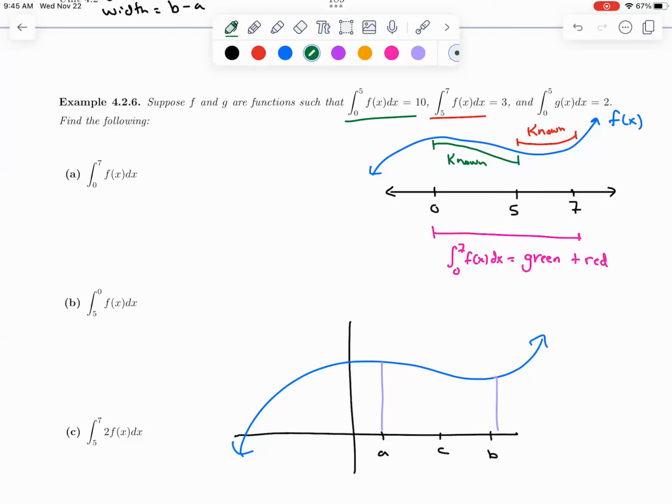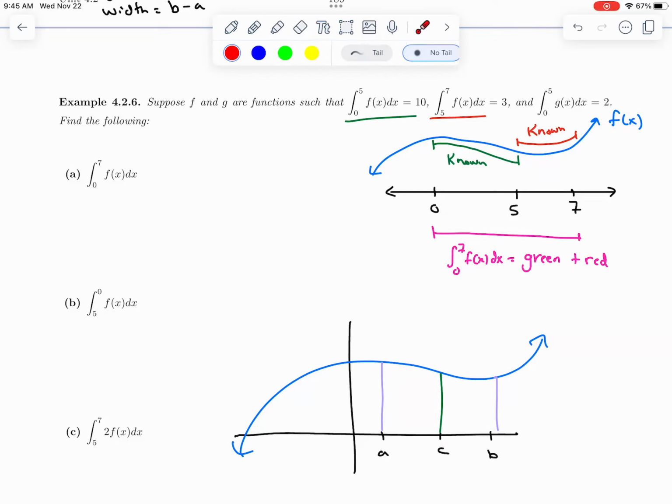And then here is C. Please don't draw this here, we need space for everything else. The integral from A to C is this little chunk. The integral from C to B is this little chunk. Adding them together gives you the whole integral from A to B. That's how that works.